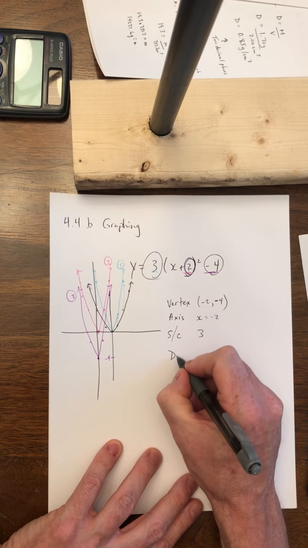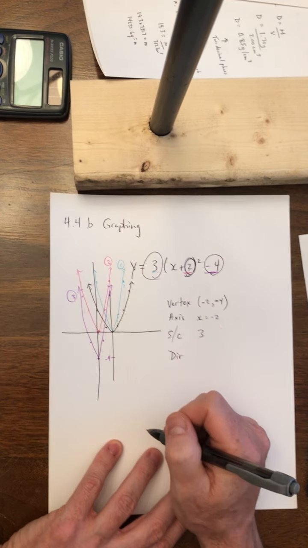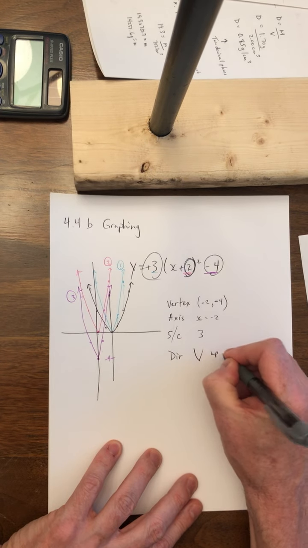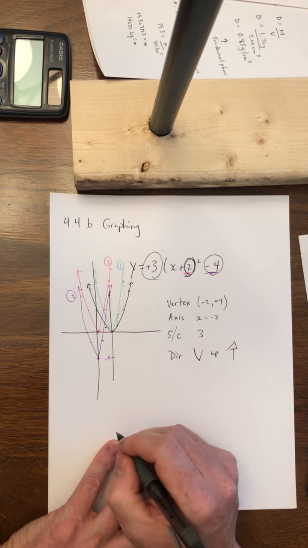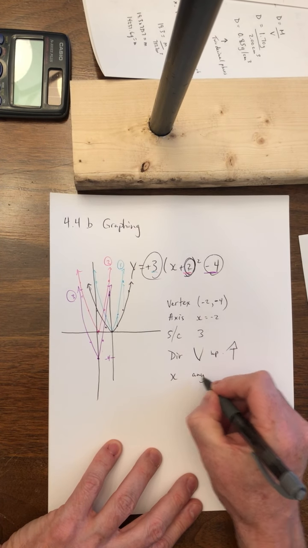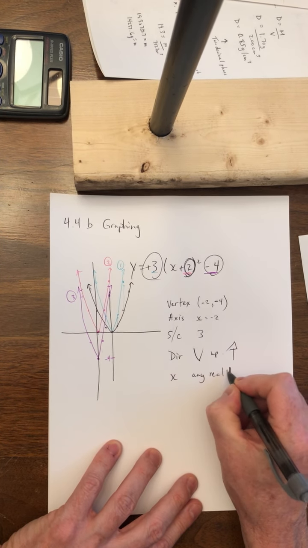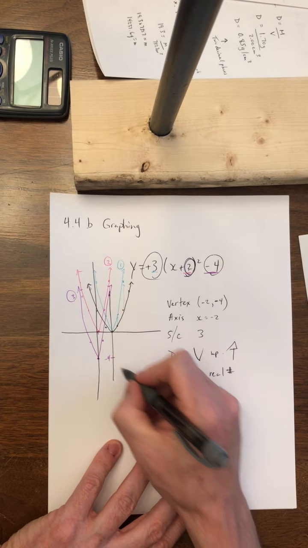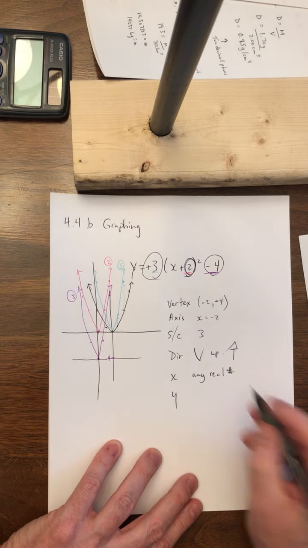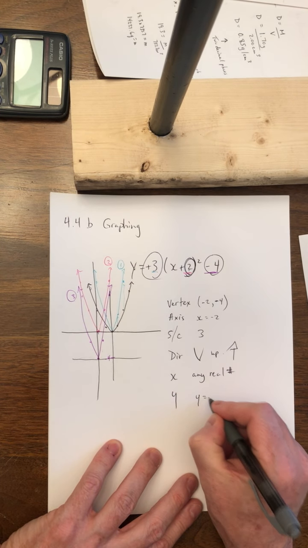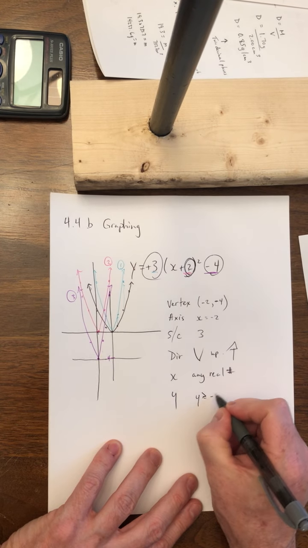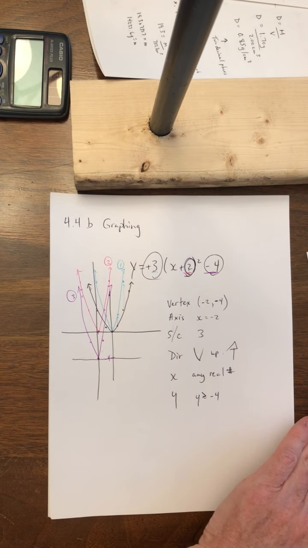Our direction of opening, of course, we're opening up, and because this is a plus 3, that tells us that it's up. Our x values, they're going to be any real number. And our y value, any points above negative 4. So y is equal to or greater than negative 4.